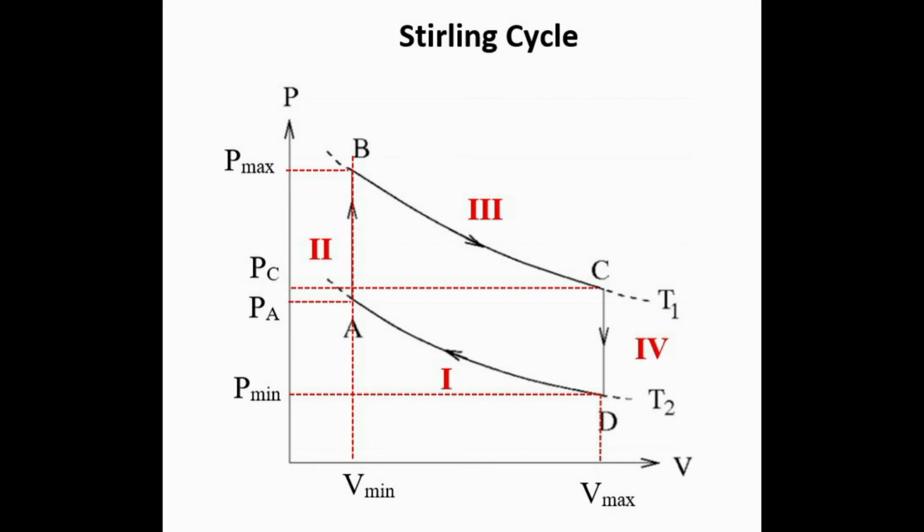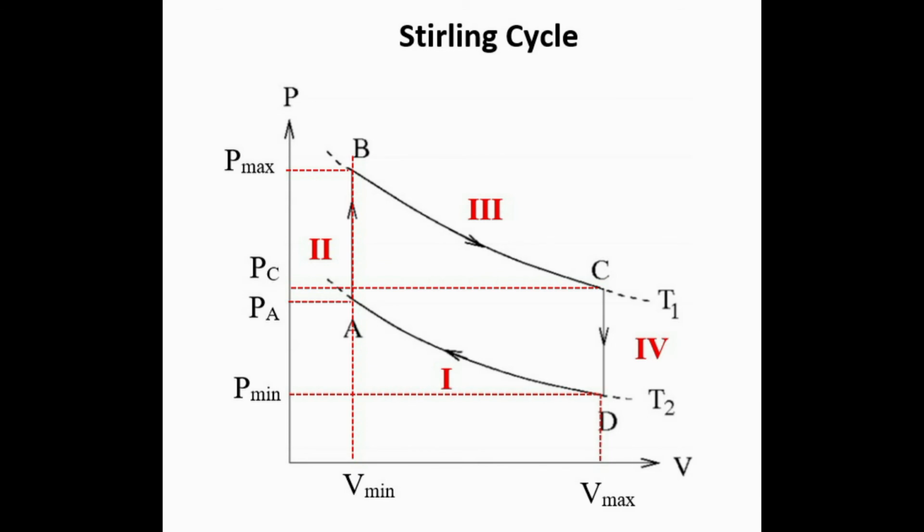In the isochoric process 2, the volume is constant at Vmin and the pressure varies from Pa to Pmax. To determine Pa, choose process 1. Pa equal K1 divided by Vmin.